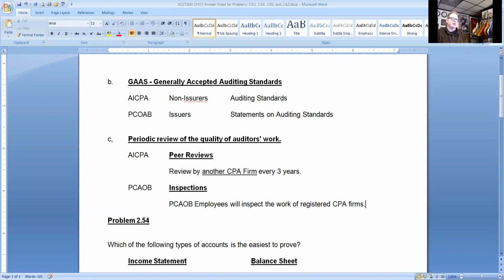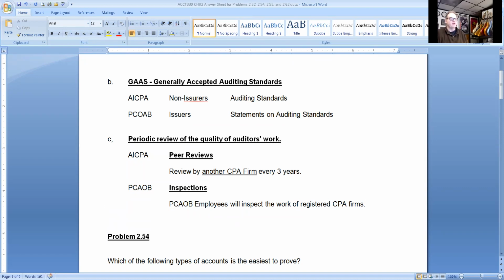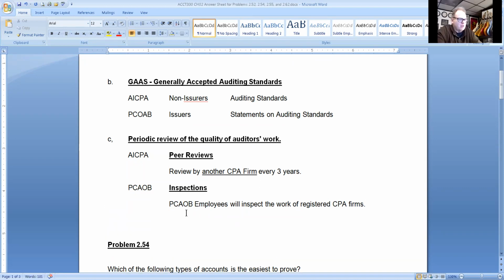PCAOB employees will inspect the work of the registered CPA firms. So it is not another CPA firm coming in. This is, you know, some of them working for the PCAOB, they're highly trained and all that. And I imagine they're virtually all CPAs. But anyway, they're employees. It's not another CPA firm. It's employees of the PCAOB. They will inspect the work of the registered CPA firm.